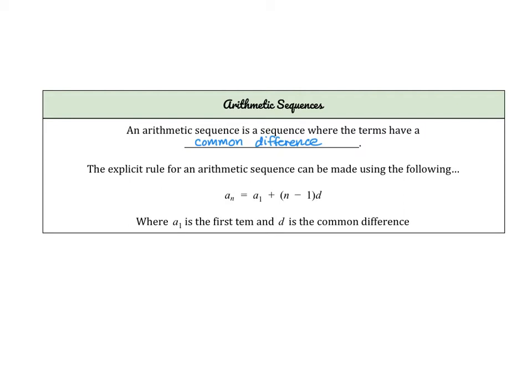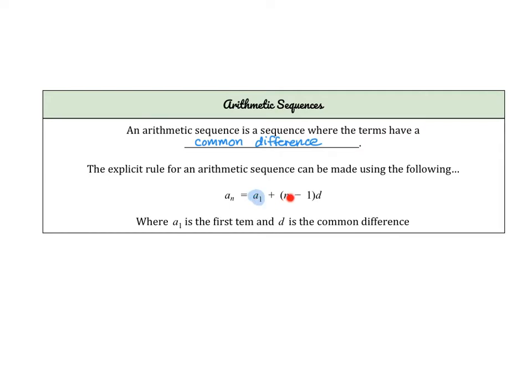Once we've determined that a sequence is arithmetic, we can write the explicit rule for any arithmetic sequence with the following formula. The formula is a sub n equals a sub 1 plus n minus 1 times d. Two things we will need to find. We need to figure out what a sub 1 is, so what that first term is.